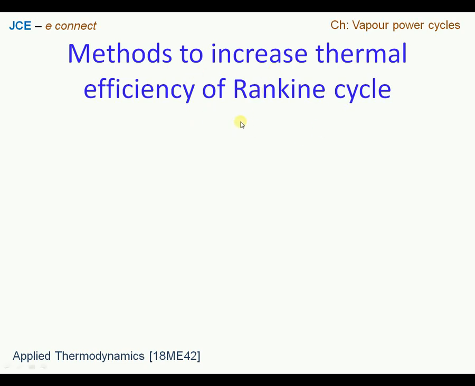Moving to the next method, it was superheating the steam to very high temperatures. So one can superheat the steam, and one can increase the temperature of the working fluid. That will obviously add area on the TS plot, and also it will help in reducing the moisture content of the mixture. However, we found that increasing the temperature of the working fluid beyond a certain limit is critical.